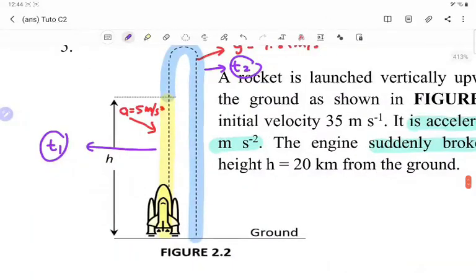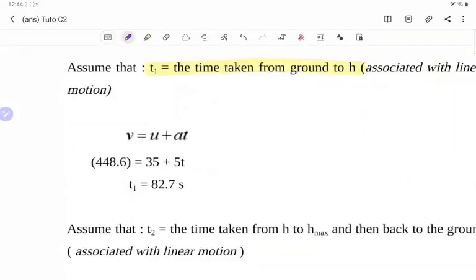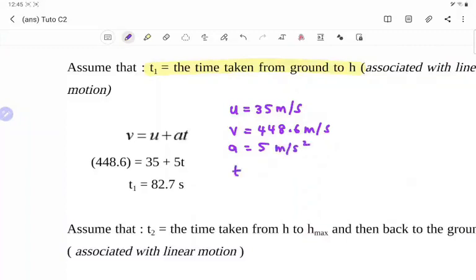Okay, so for the phase yang warna kuning ni, u kita bermula dengan 35 meter per second, and then the rocket broke down at v equals 448.6 meter per second, and then a is equals to 5 meter per second squared. Then you can find t1. Okay, so this is t1.